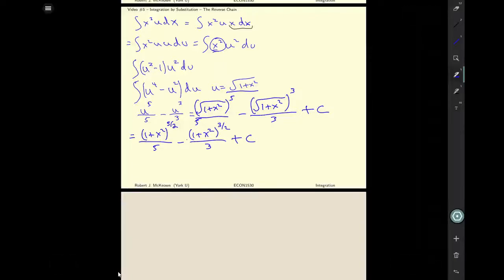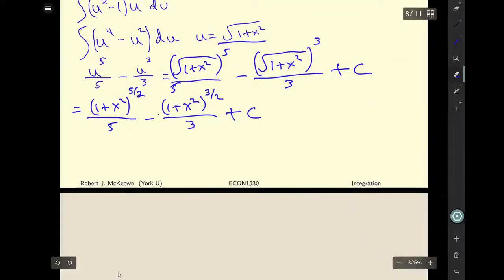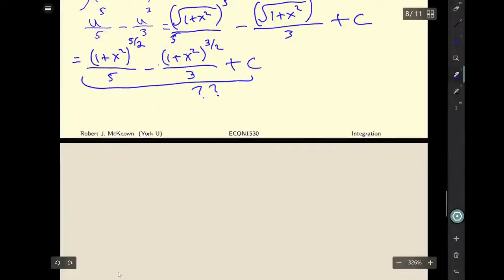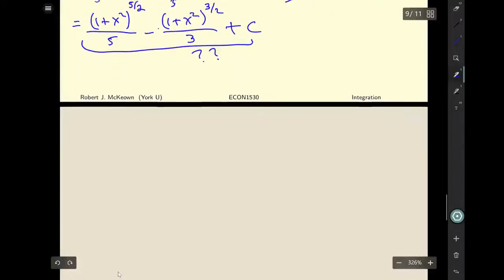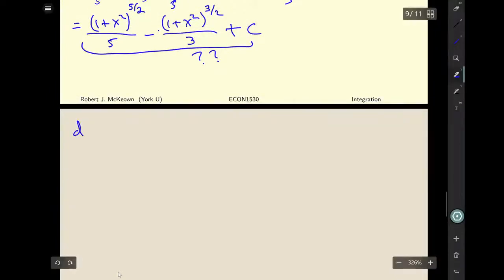And now I want to see if I've really got the right answer. Is this the right answer or not? To find that, I am going to take the derivative of this thing with respect to x. When I do that, I get 5 over 2 times 1 plus x squared to the power of 3 over 2, over 5.